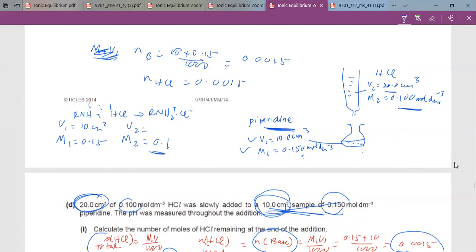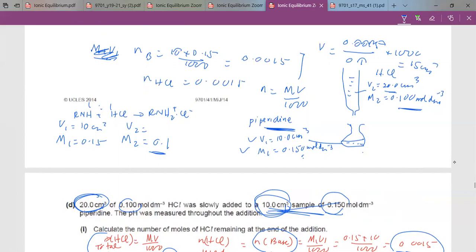Remember, number of moles equals MV over 1000. So volume is equal to number of moles 0.0015 over molarity 0.1, times 1000, equals 15 cm cube.